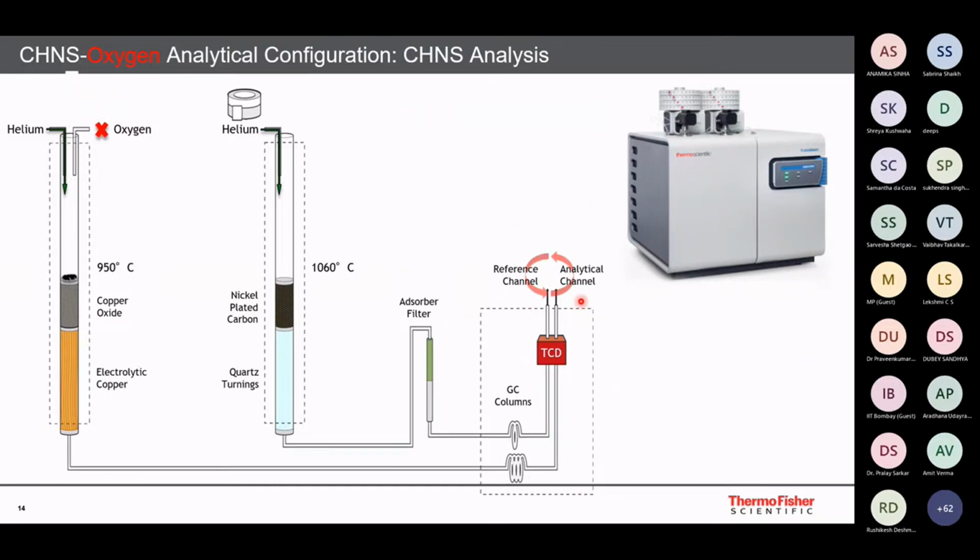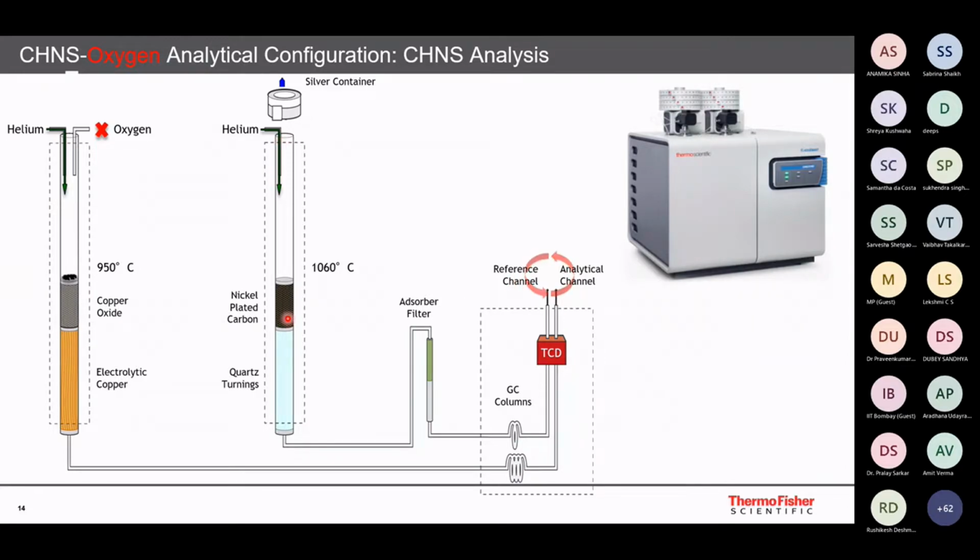Now you can see that when we convert to oxygen analysis, we can change our autosampler from CHNS to oxygen. This we can do manually. In CHNS, the right-hand side is the analytical channel and the left-hand side is the reference channel.